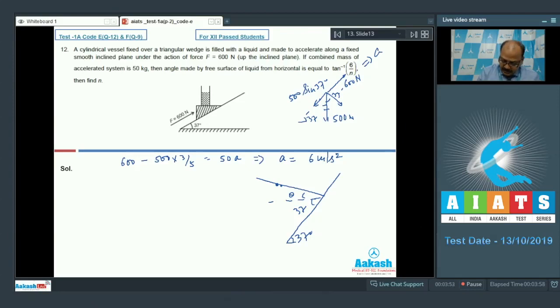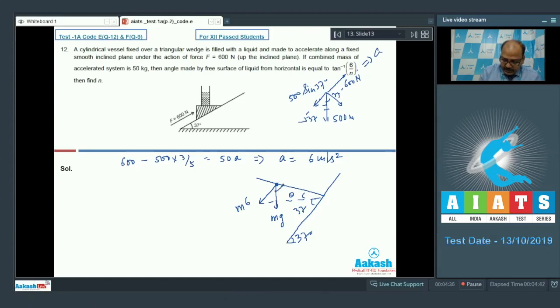So that means if I draw FBD of this particle, we take a pseudo force, which is, since the acceleration is 6 meter per second square up the incline, so there is this pseudo force along the incline in the downward direction, m into 6. There is this force m into g, and as I said, the resultant of these two forces along the surface of liquid will be 0, which means we have the equation now.